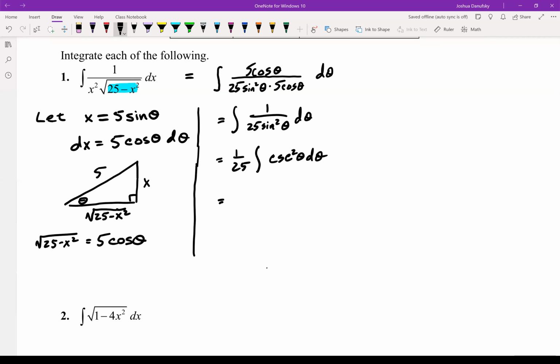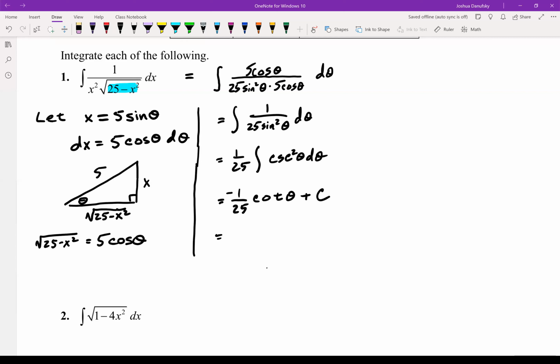The antiderivative of cosecant squared is negative cotangent theta plus c. And now we'll replace cotangent theta with an equivalent expression involving x's.